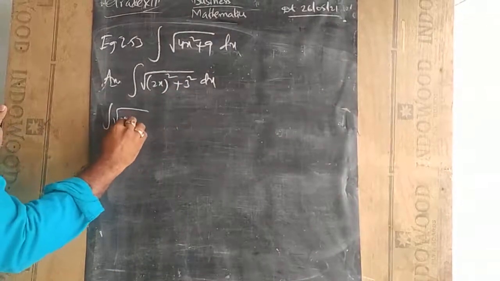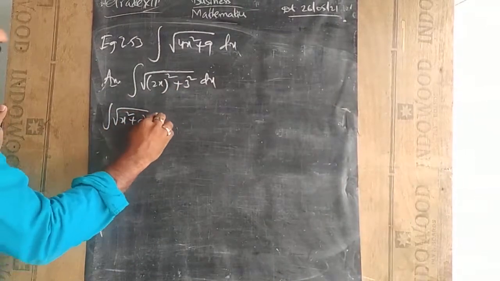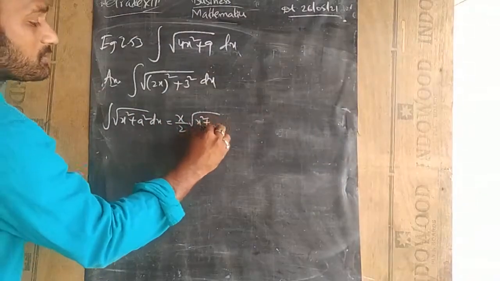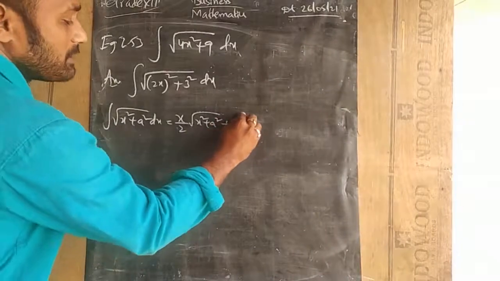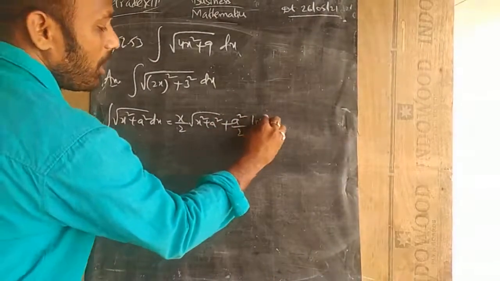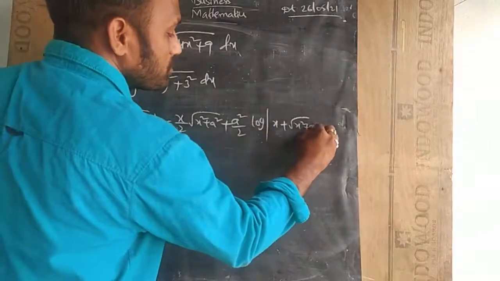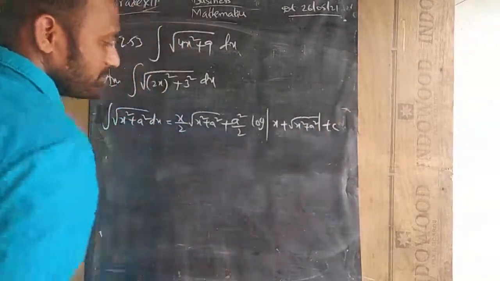So integral root of x square plus a square dx can be written as x by 2 root of x square plus a square plus a square by 2 log of x plus root of x square plus a square plus c.